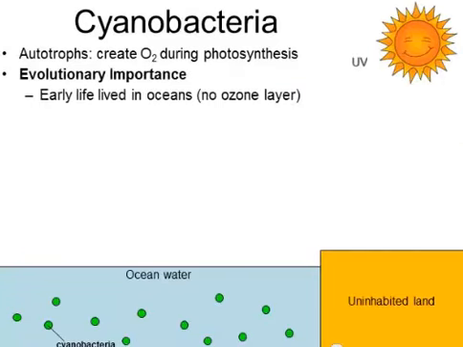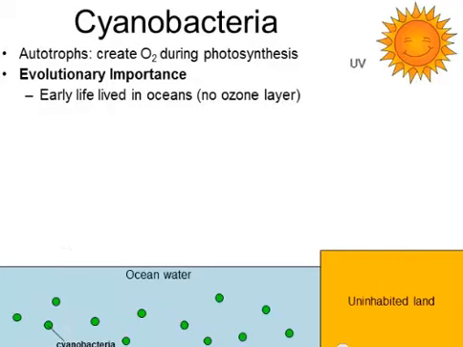But there's a real important reason why cyanobacteria are important in the world of biology. There's an evolutionary importance to them. Here is kind of a generic picture of life on Earth a long time ago when cyanobacteria were living in the oceans and no life was on land.